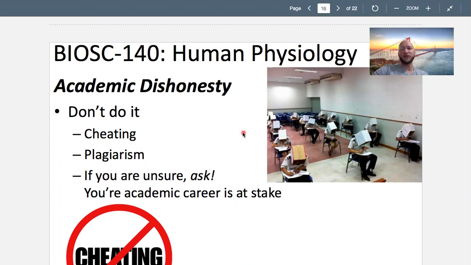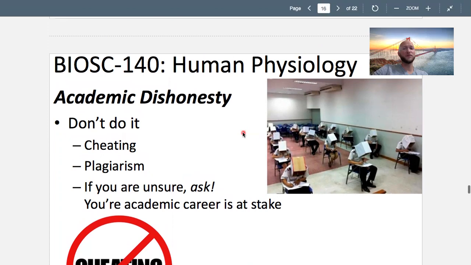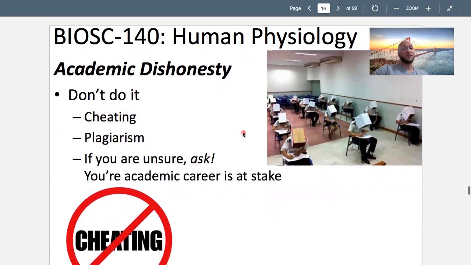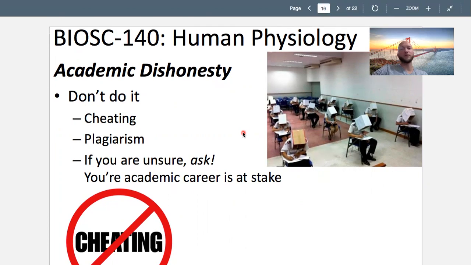When it comes to academic dishonesty, I have had to deal with this a few times in class. All I do is document what I see and what I experience, and I send it to the head of the department. I'm not the one who deals with it beyond documenting.